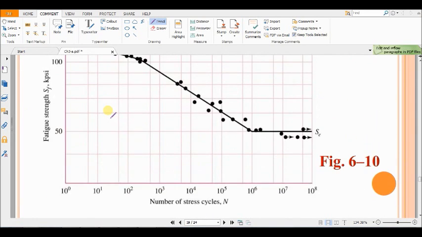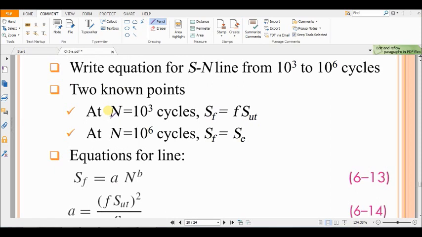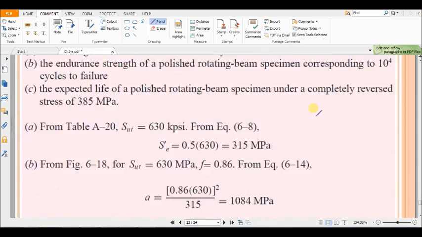Now, to check whether a sample is going to fail under fatigue or not, first we have to find the safety factor of the sample. Let me write the equation for you.